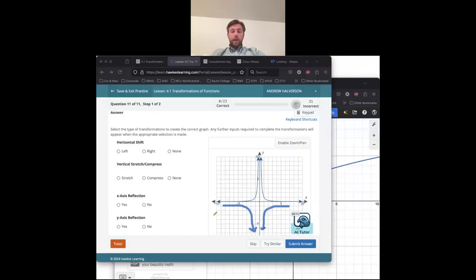This is -1/x squared, but it's still x squared that is the base function. When both of the arrows are swooping up, or both of them are swooping down, that's 1/x squared. Does that help?